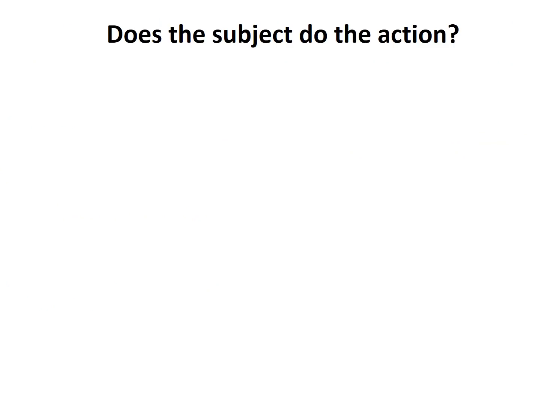So the question to ask ourselves is, does the subject do the action? If it does, then we're dealing with the active voice. But in a sentence where the subject does not do the action of the sentence, we're definitely dealing with the passive voice.